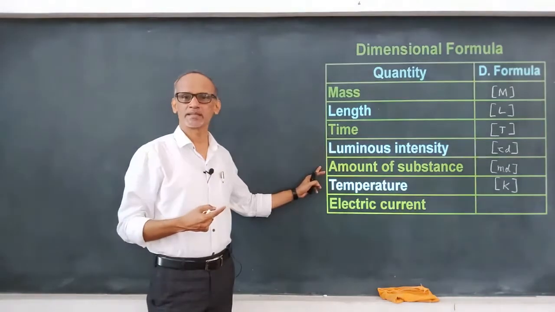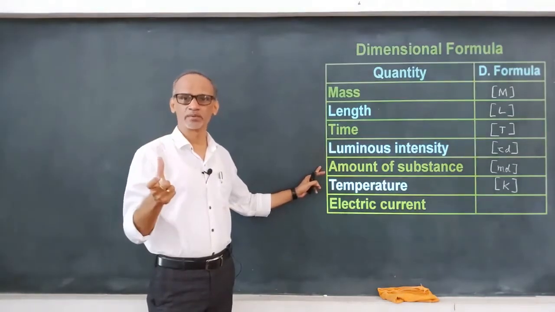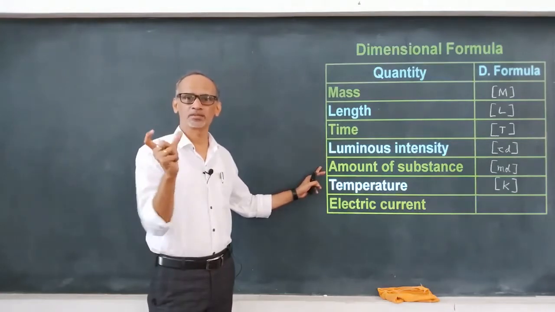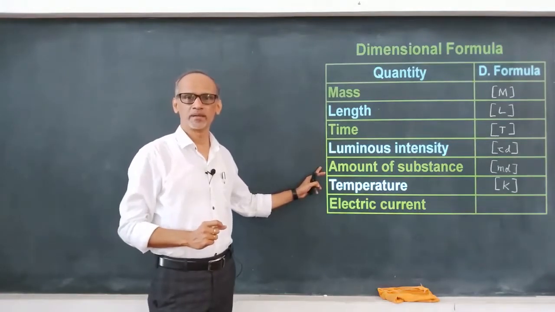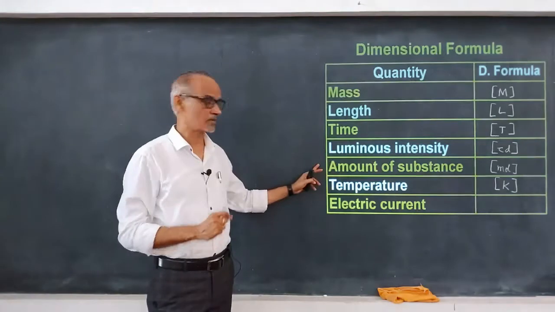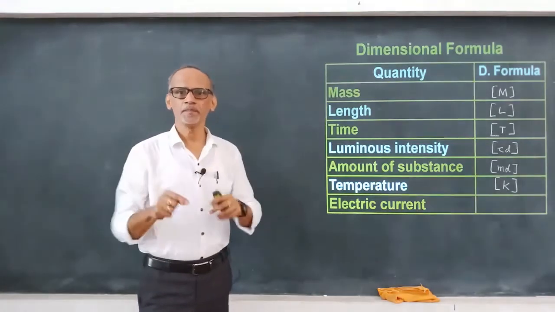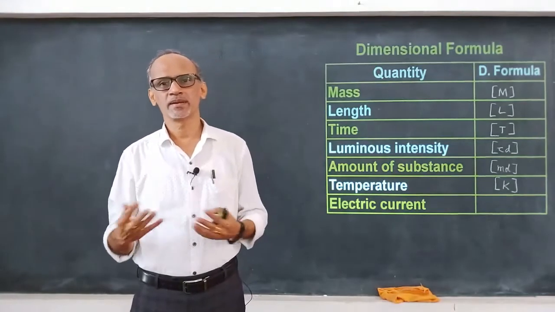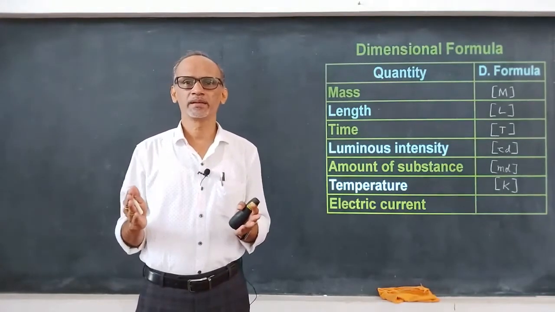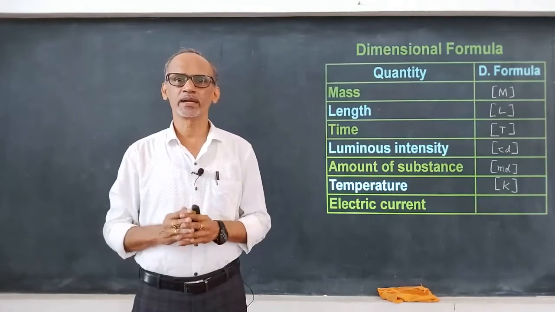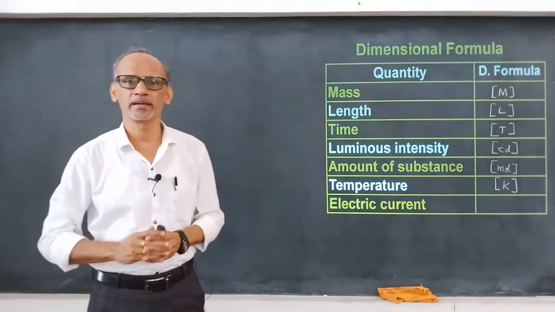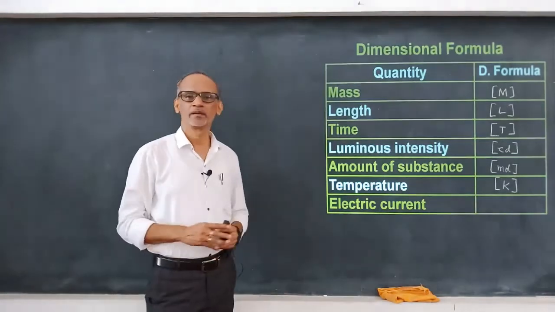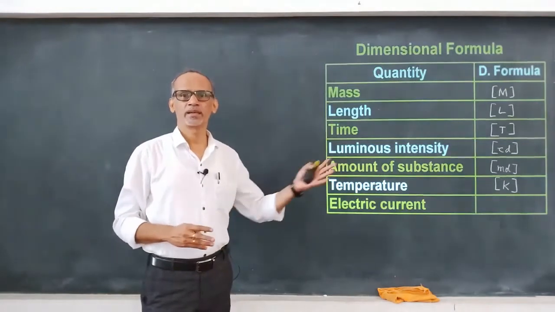For amount of substance, mole is the unit, MOL is the short form used as the symbol, and that's what is used as the dimensional formula. The bracket will signify the dimensional formula, but sometimes they avoid it. It's not mandatory to write the bracket, but the moment you write the bracket, it indicates that it is the dimensional formula. Temperature, Kelvin is the unit, K is the symbol used.